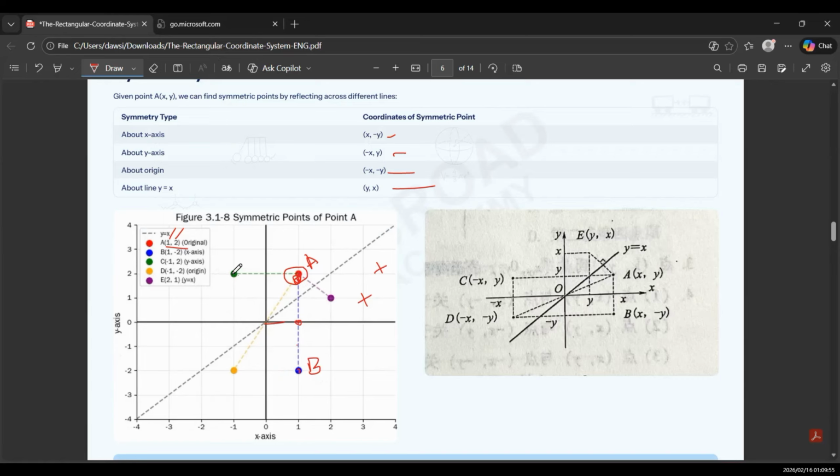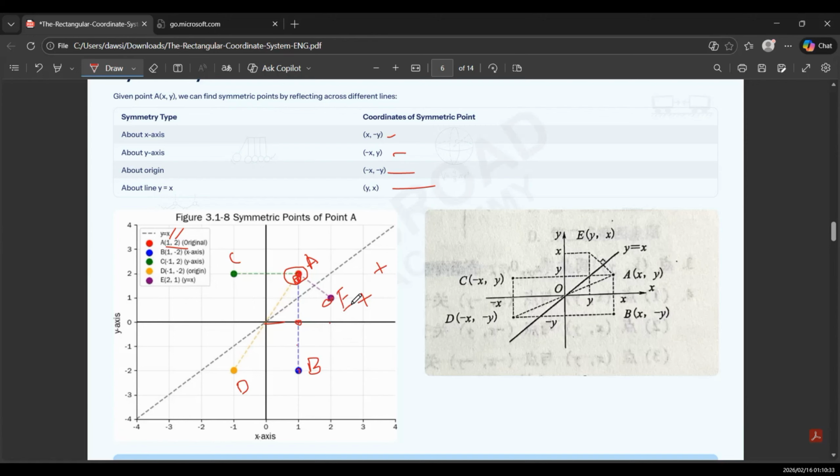This is C. Here again is D, (-1, -2), -1 here and -2 here. And here is another point, E, (2, 1). The x value is 2 here and y is 1. This is the final point, E.